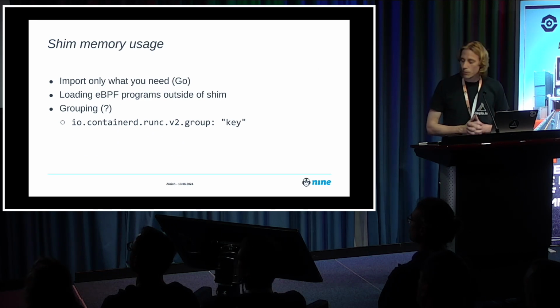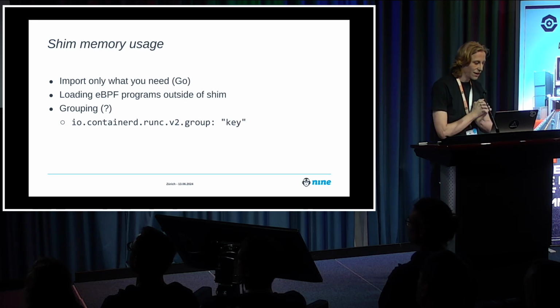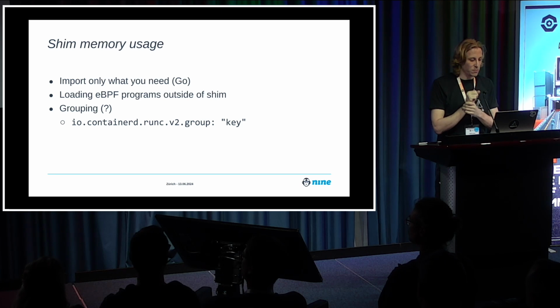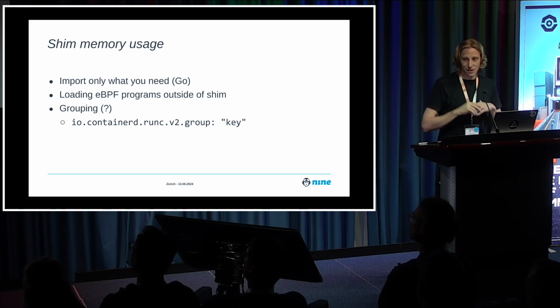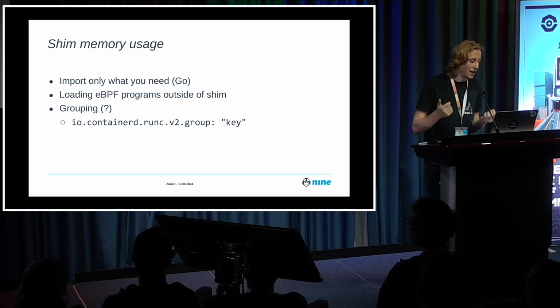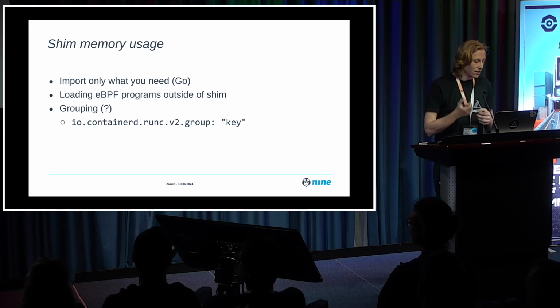So one other important thing that I ran into during this whole thing: shim memory usage. That shim process that you've seen runs once per pod, meaning that memory usage becomes really important. And it's also something that Containerd has tweaked over time. They realized they really need to take care of what you import.